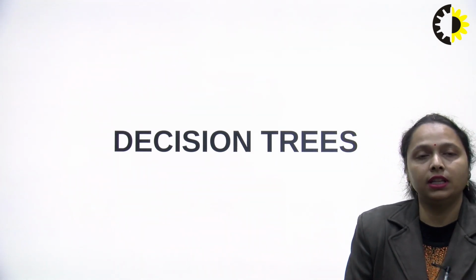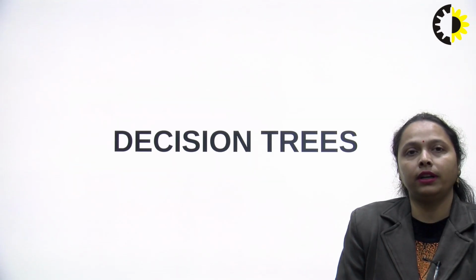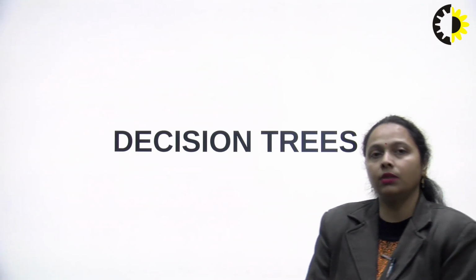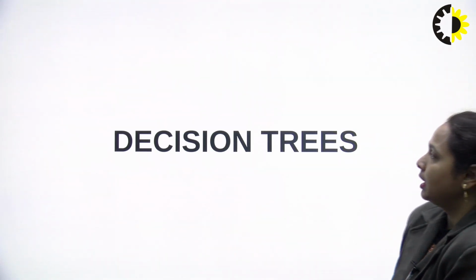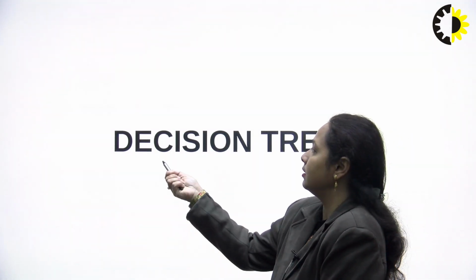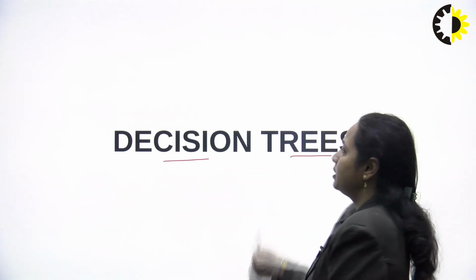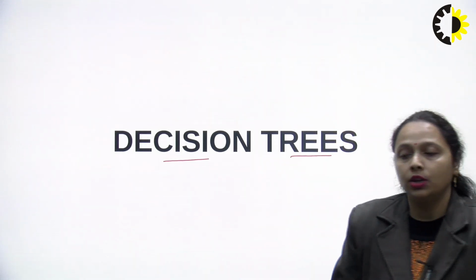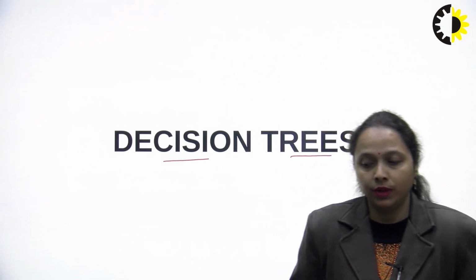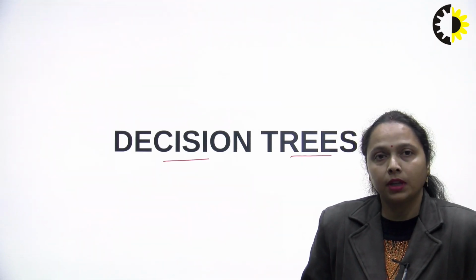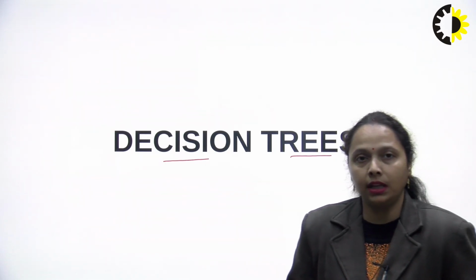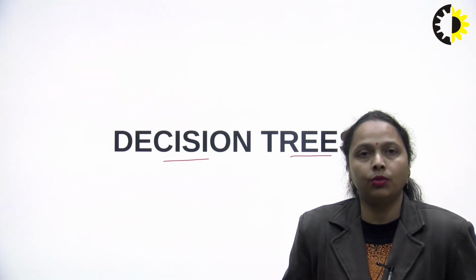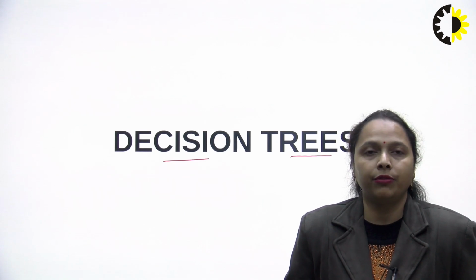Decision trees is again one different approach, or you can say algorithm, for machine learning. As the name suggests, it contains two terms, one is decision and another is tree. Whenever a machine trains a model, there are certain situations where we have to decide between yes or no, or some different values.